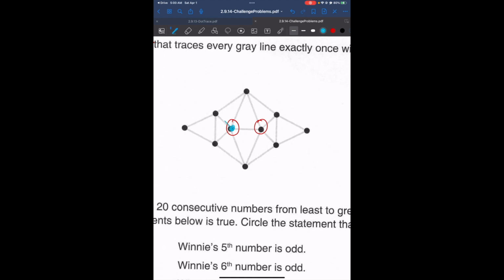And then we're going to trace like so. And then we're going to trace the outlinings. And I'm going to go inwards like that.